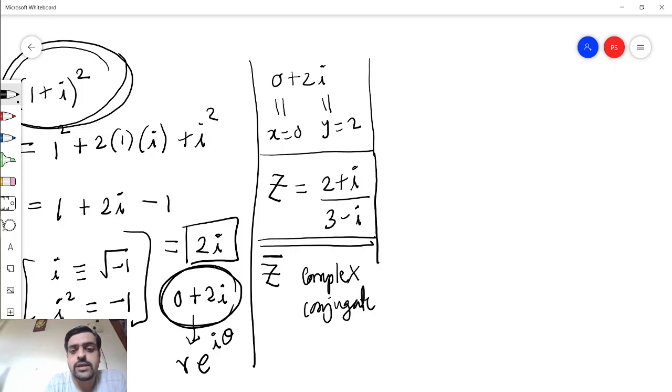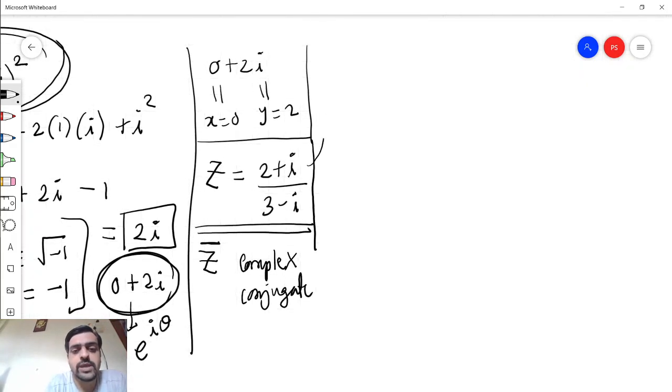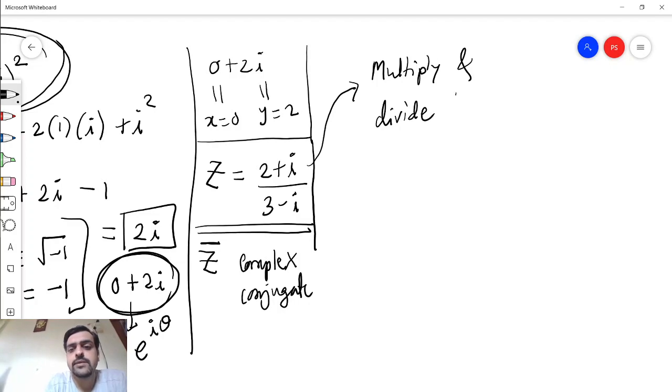A common trick to simplify this expression would be multiply and divide by the complex conjugate. Let us write it in short as CC. Multiply and divide by the complex conjugate of the denominator.